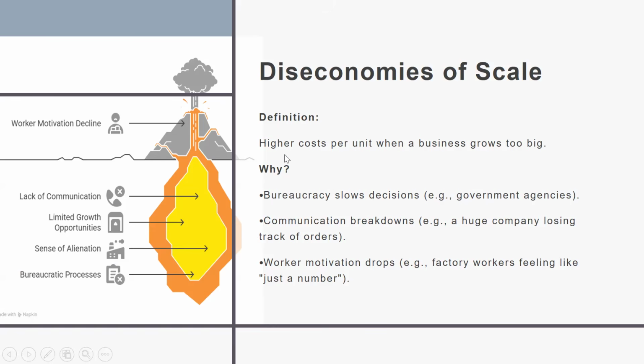So if I was looking at a cost curve, I'm going to draw it somewhere else. If I was looking at an average cost curve, I'm going to show you what it's shaped like now.